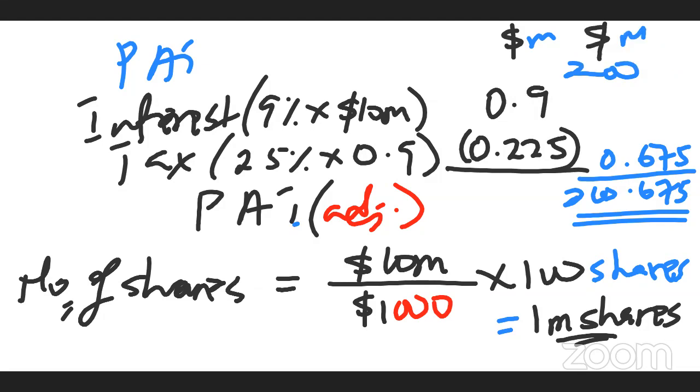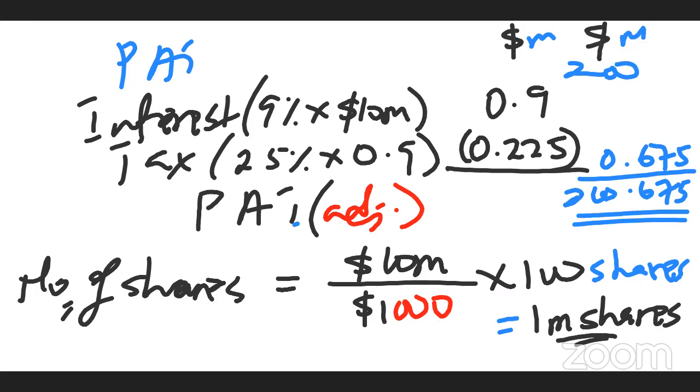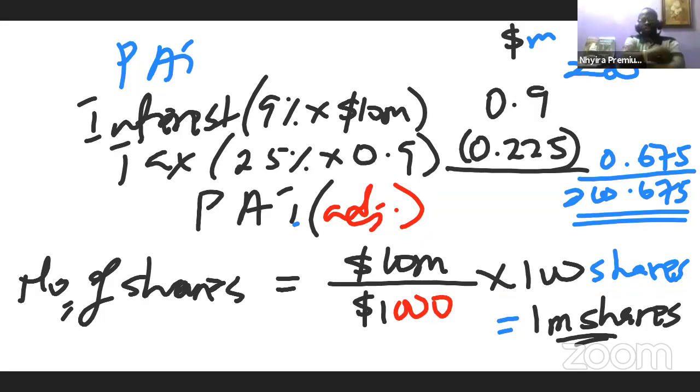For $1,000 for 100, you divide the 10 million, the nominal value of the loan, over the... is it the conversion rate? Yes, we could call that the conversion rate. So every $1,000 loan will give us 100.